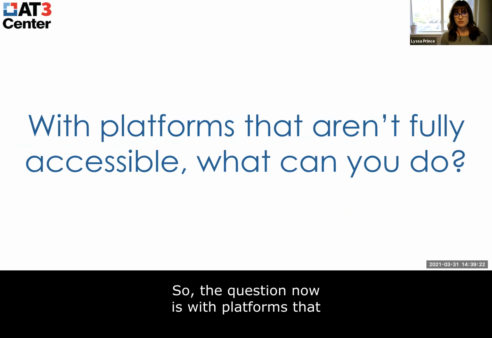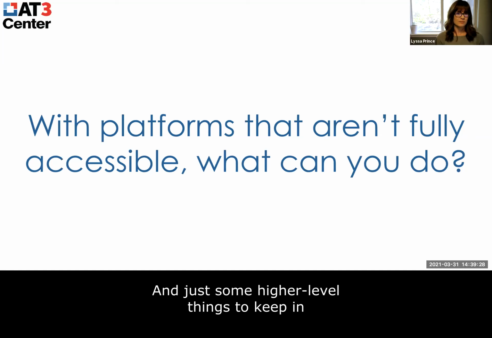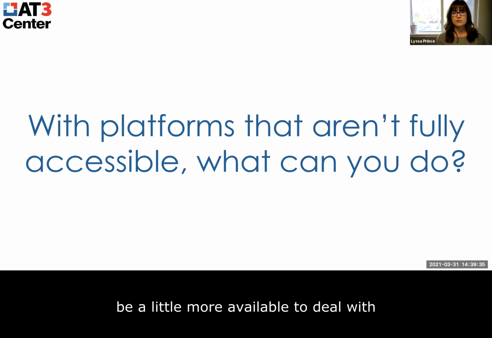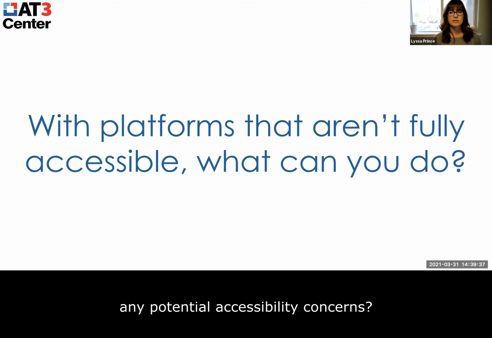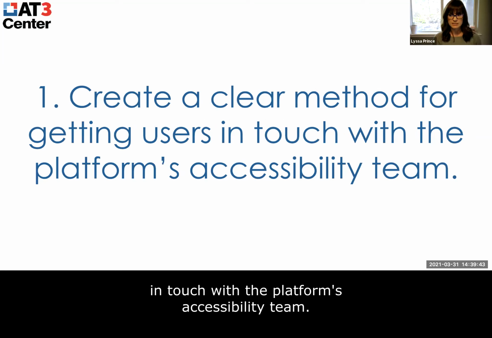Okay, so the question though is, with platforms that aren't fully accessible, what can you do? Here are some higher level things to keep in mind that you can do to make yourself a little more available to deal with any potential accessibility concerns. The first one is to create a clear method for getting users in touch with the platform's accessibility team.